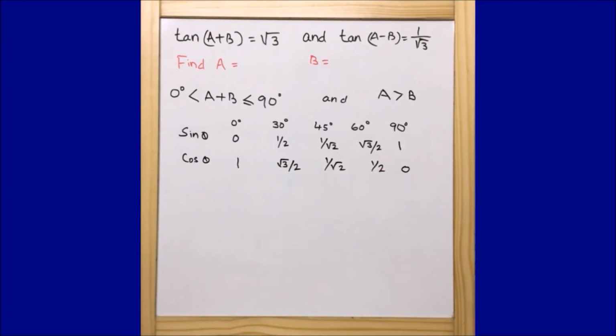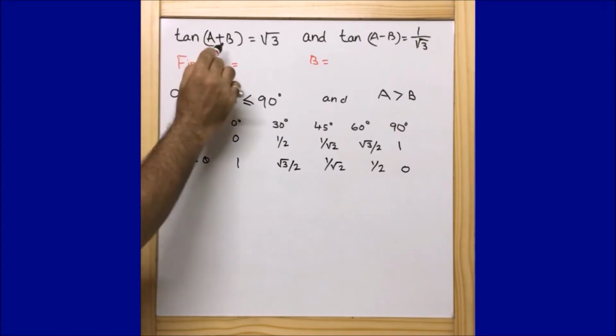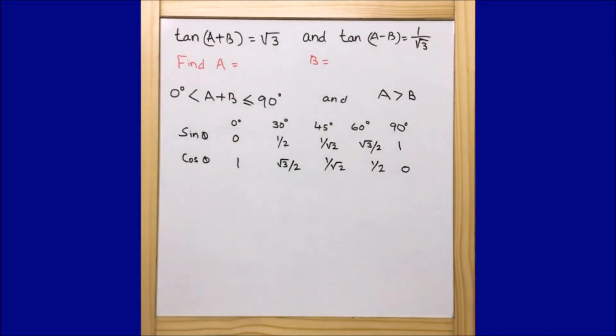Okay guys, with these things in place, we are going to solve this equation. tan(a + b) is equal to root 3 and tan(a - b) is equal to 1 by root 3. And we very well know that tan theta is equal to sine theta upon cos theta. So keeping that in mind, we are going to move ahead.